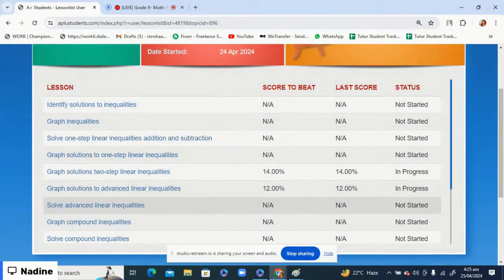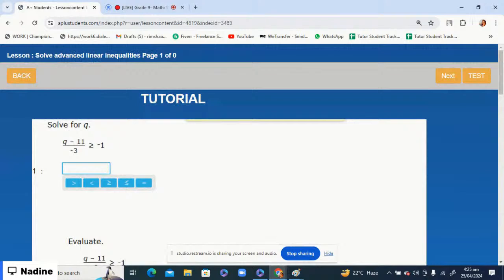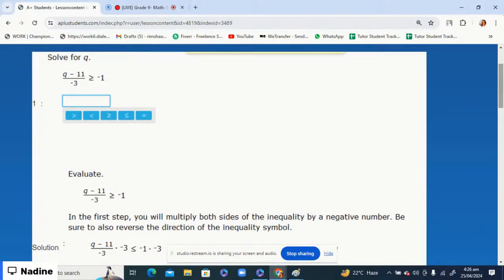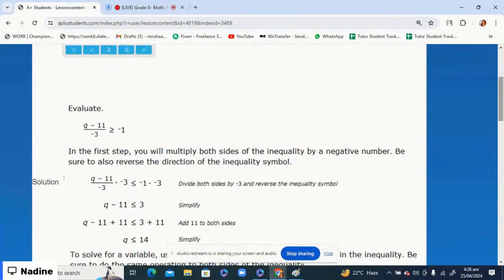Solve advanced linear inequalities. Just trying to solve this one. These are all the steps they followed, and then we're going to do it.